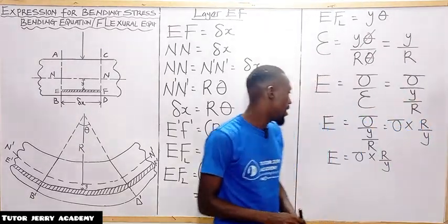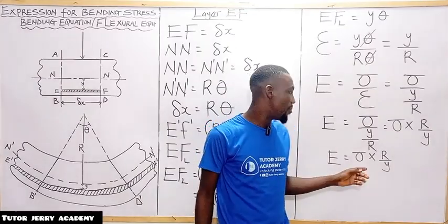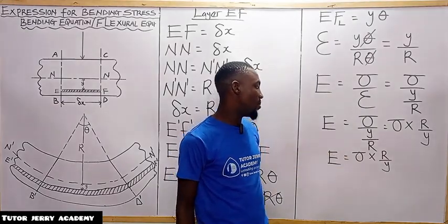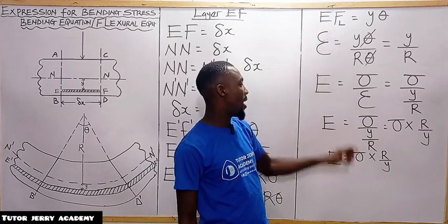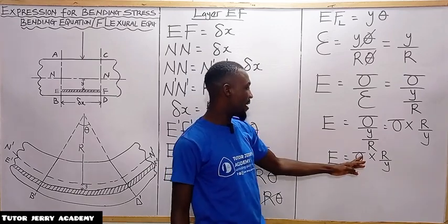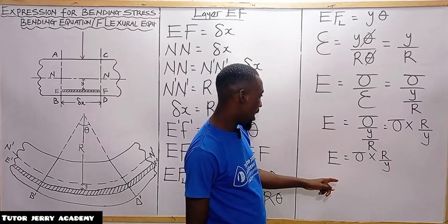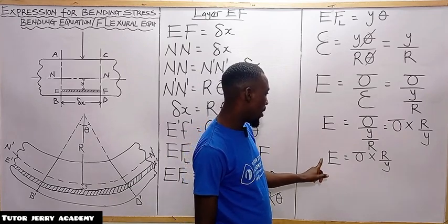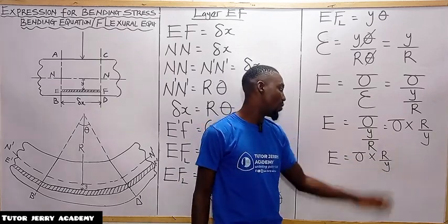Alright, so here we can actually maneuver this. If we make our stress the subject here, that is the bending stress in a layer EF, we are going to multiply through by the inverse of what we have here.